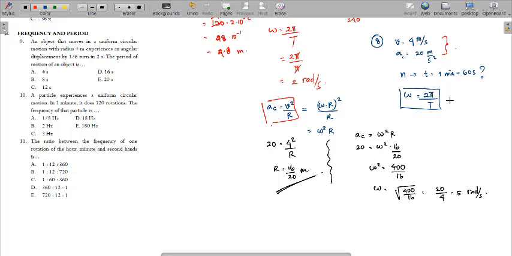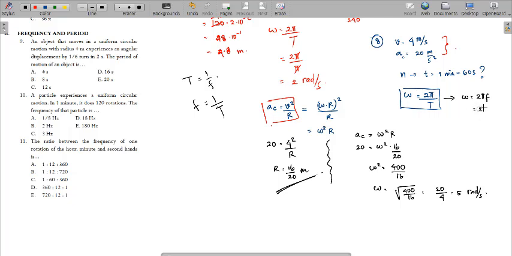What will we do with angular speed? Because I already said that period is opposite with frequency, I can write in here 2π times f.